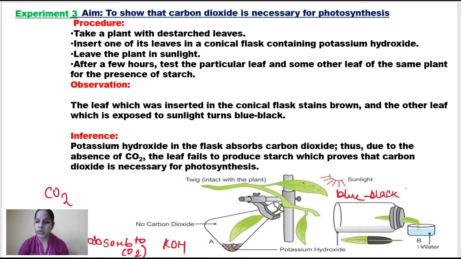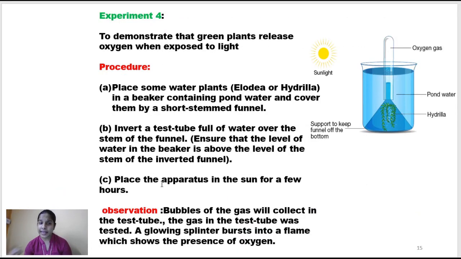Now we are going to discuss the experiment to show that oxygen is evolved during photosynthesis. This was a byproduct.